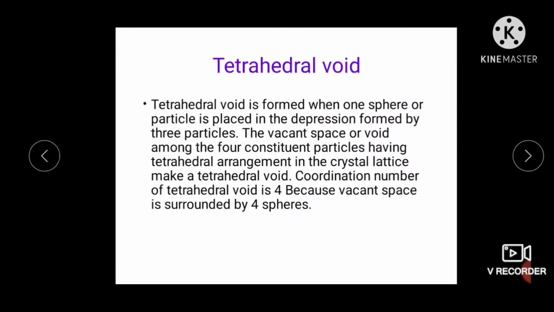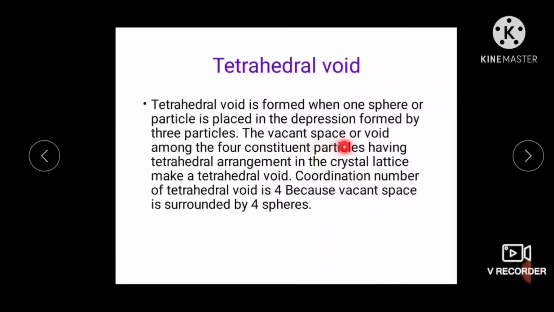Now you see how a tetrahedral and octahedral void is formed. Then what is a tetrahedral void? A tetrahedral void is formed when one sphere or particle is placed in the depression formed by three particles.